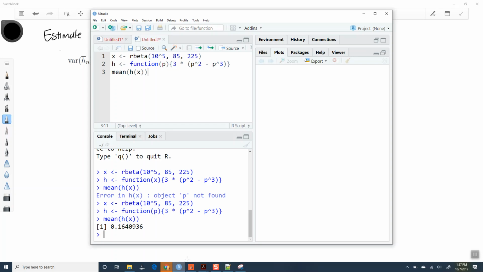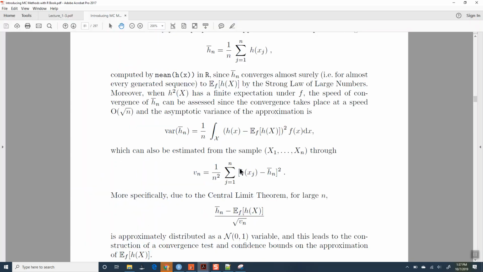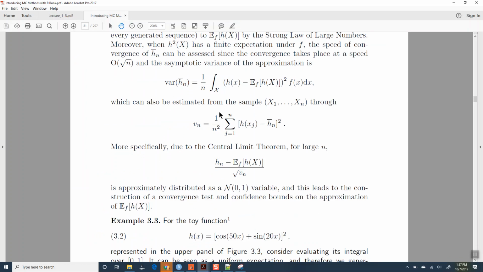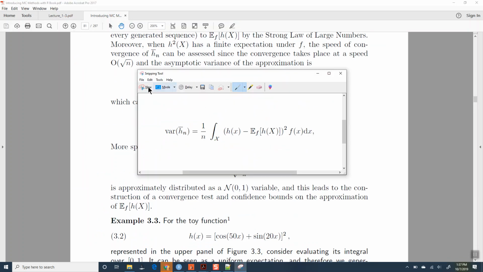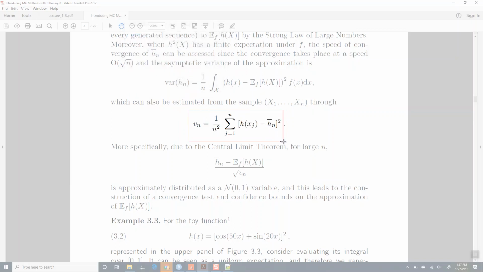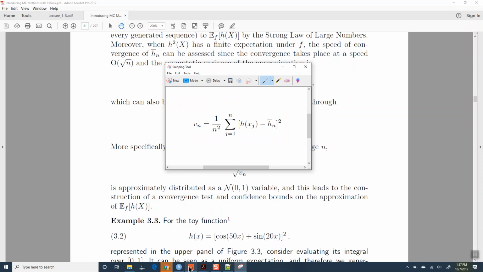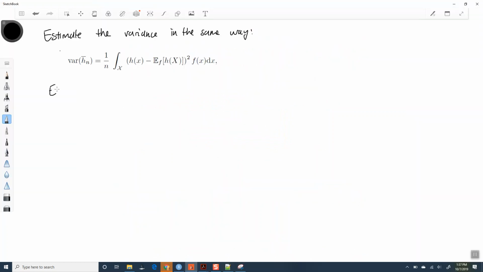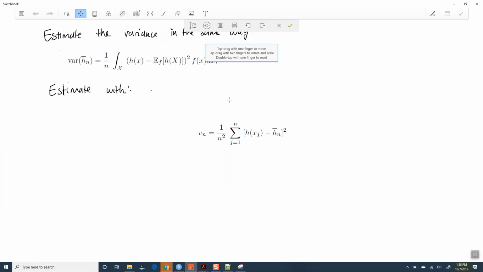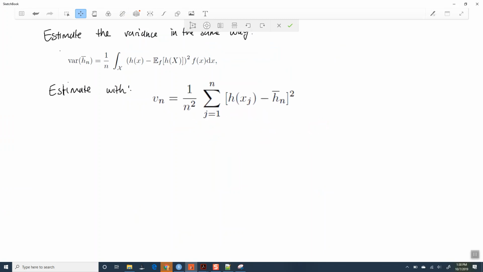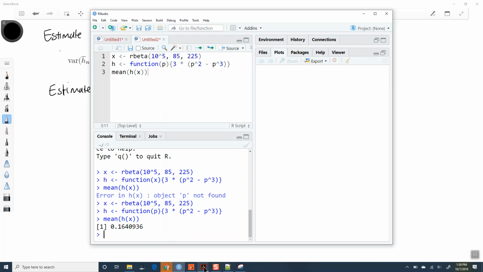But then in R, we can just calculate the variance this way. The estimate of your variance: you take each value h of x minus h bar, square it, and then multiply by 1 over n squared. Again, this would be much harder to do from the analytic perspective.